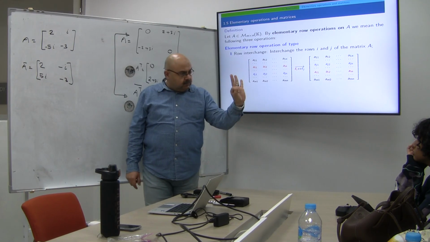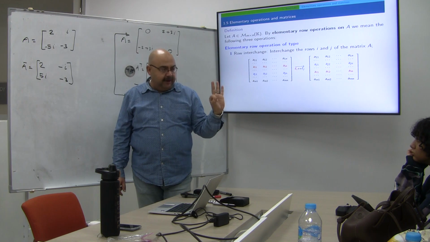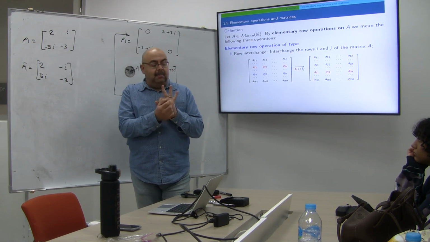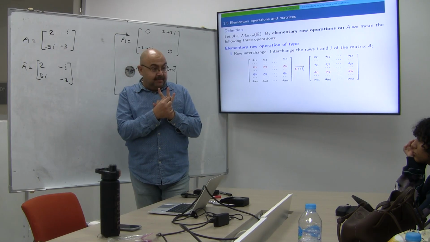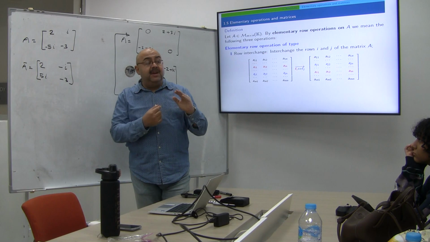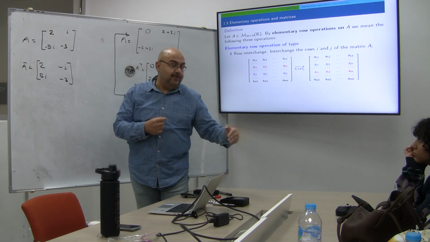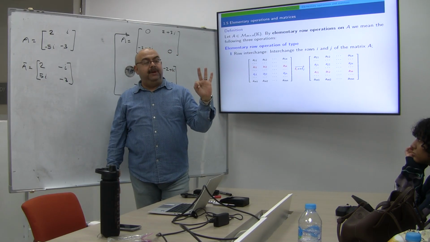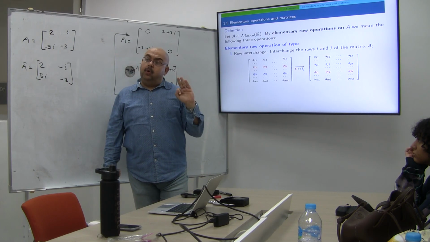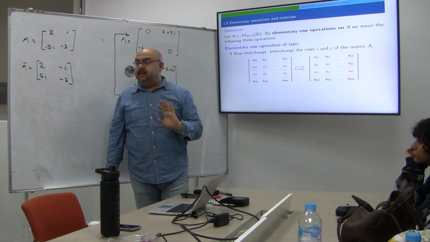Mainly, we will define three main operations. Interchanging rows. Multiplying a row by a constant number. Multiplying a row by a constant number, then adding it to another row. So how many row operations do we have? Three of them. Those row operations are really essential.